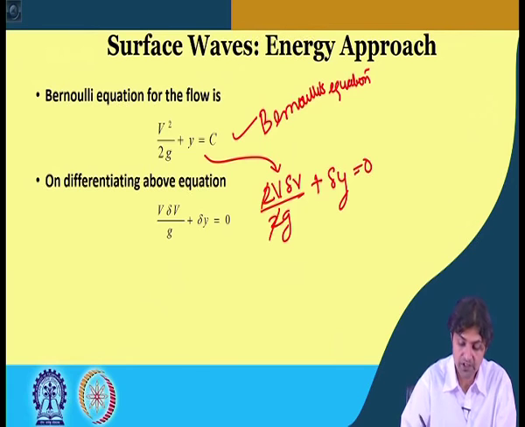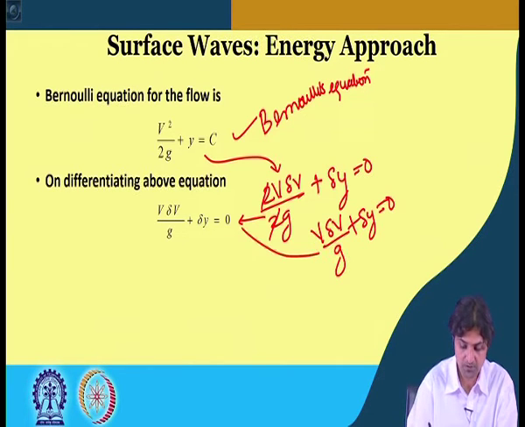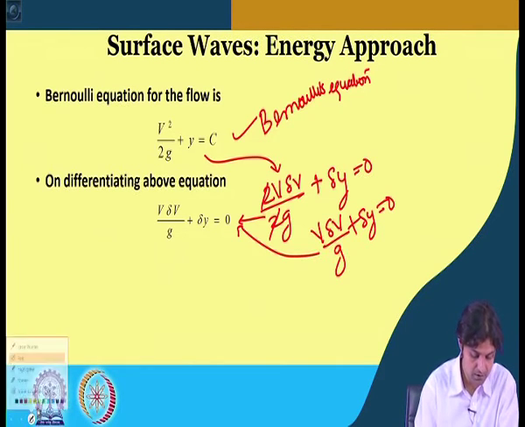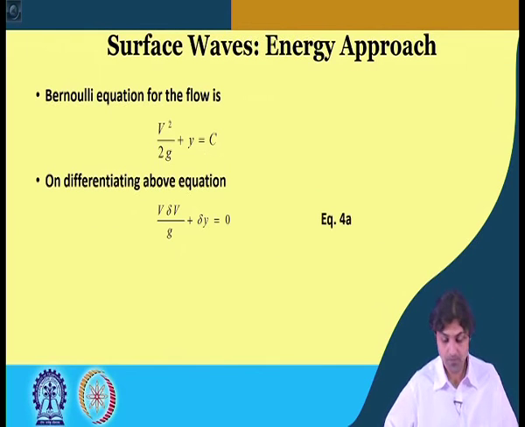So, 2 and 2 get cancelled. So, we get this equation V delta V by g plus delta y is equal to 0, same as this one here, all right, and we call this one equation 4a.